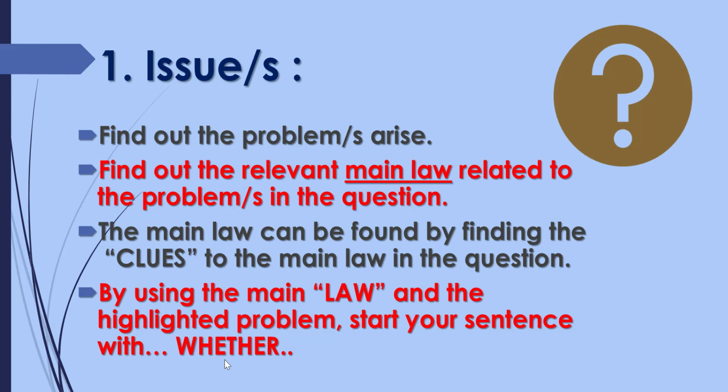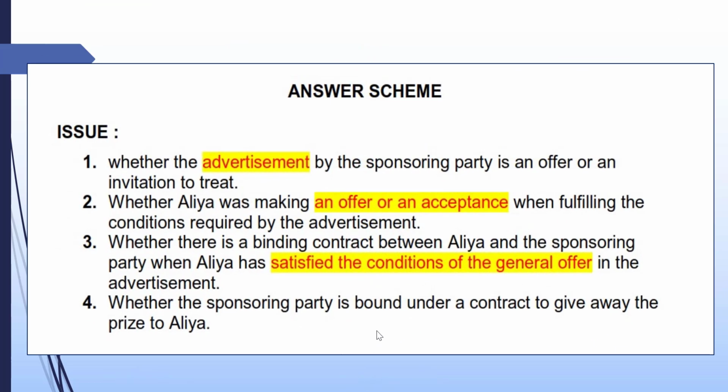The main idea is whether the advertisement made by the sponsoring party is an invitation to trade or an offer, because we want to know when is the actual time the offer takes place and who was making the offer and who was making the acceptance in the problem that arises. Okay, so these are the suggested issues.